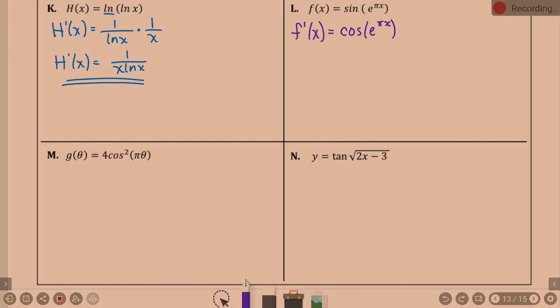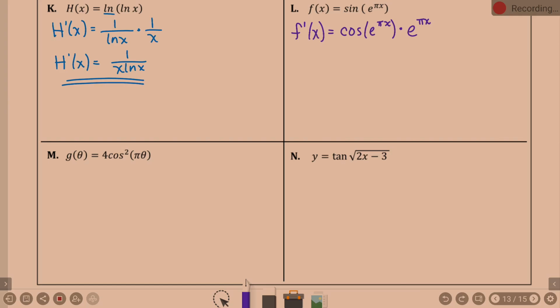So now we're doing the derivative of e to the pi x. What's the derivative of e to something? E to something. So e to the pi x. Now, I said something again, didn't I? The derivative of e to the something is e to the something.